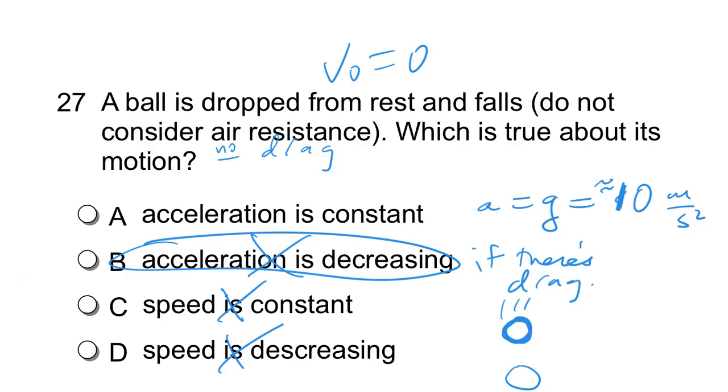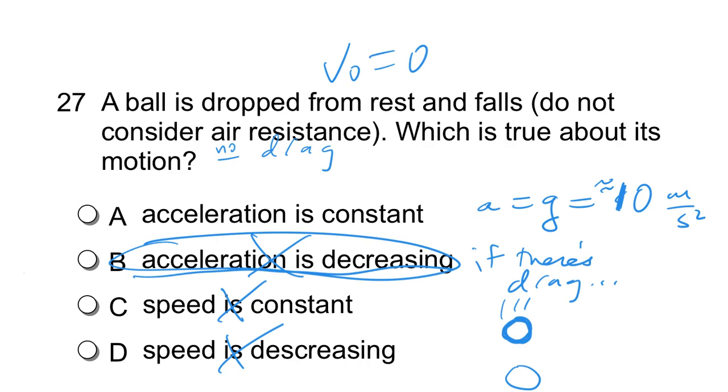So if there's drag, the acceleration is decreasing, and it will decrease to zero and at that point the ball will be falling with constant velocity until it hits the ground.